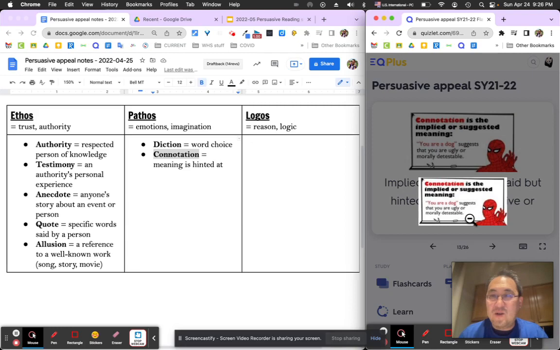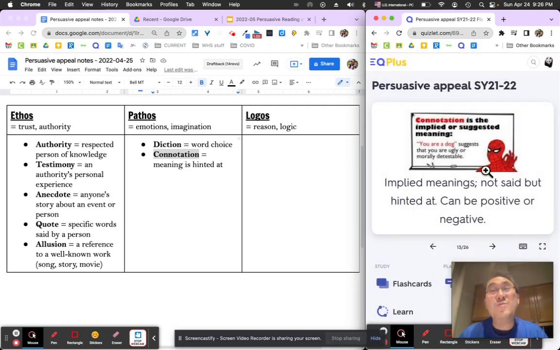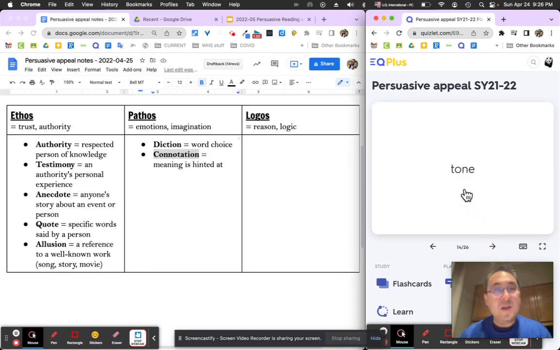Either "ew, you're a dog, you're gross," or "yo, you a dog," like, good on you. If it's a dude saying it to another dude, "hey, what up, dog," that's like "hey, what up, homie," versus "ew, you're gross." I don't know if people say that anymore.